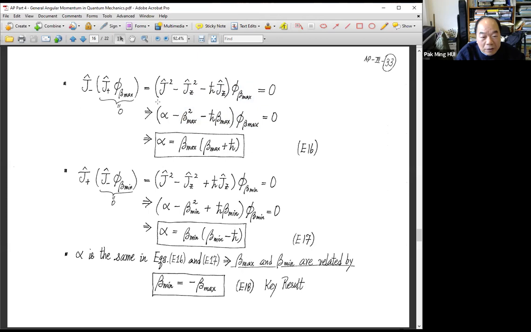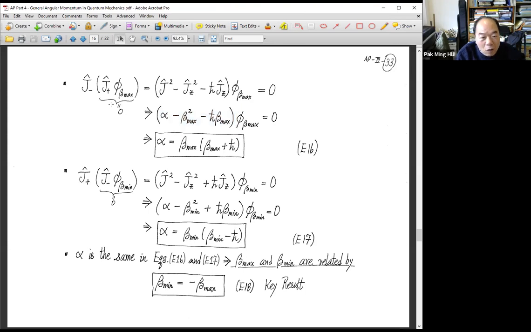All right. So do you see how I get this from the upper line? There are 3 operations. J square on it, we proved it will stay at alpha. J_z on phi beta maximum is beta maximum times the state. It is the eigenstate. J_z square means operating another J_z. So you pick up another beta maximum. You have beta maximum square. Do you see that?